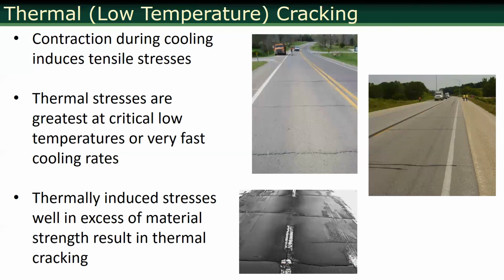When the thermally induced stresses are well in excess of the material strength, then we have thermal cracking, thermal snapping. And so the Superpave binder specification attempts to consider rutting, fatigue cracking, and thermal cracking.